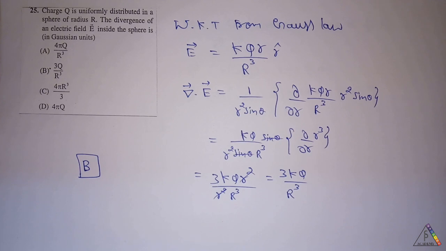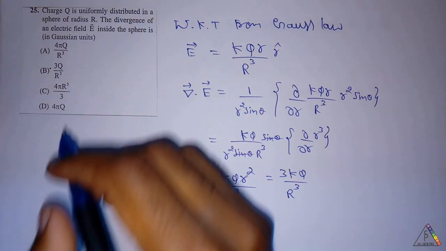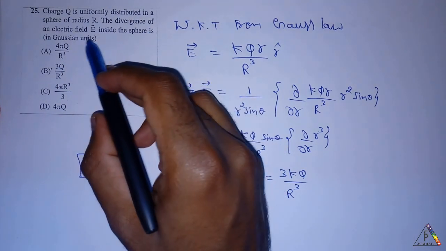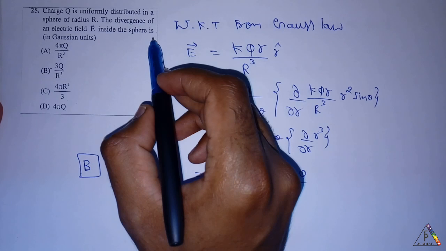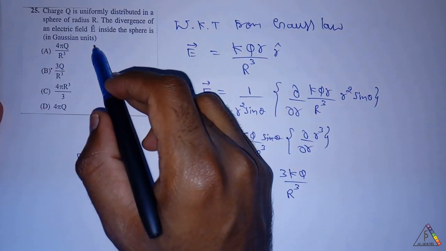Next question is, charge q is uniformly distributed in a sphere of radius r. The divergence of an electric field E vector inside this sphere is, in Gaussian units.